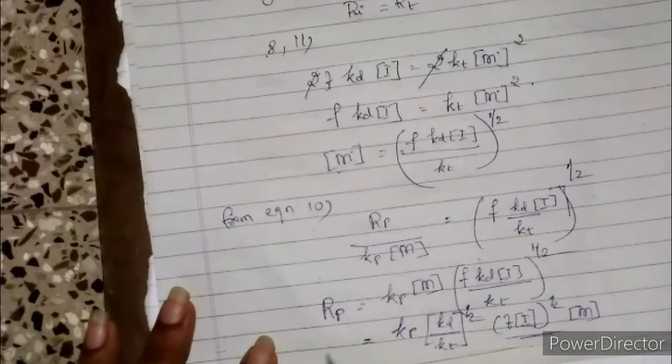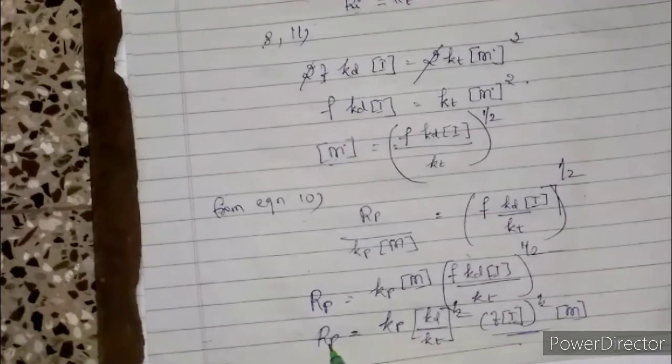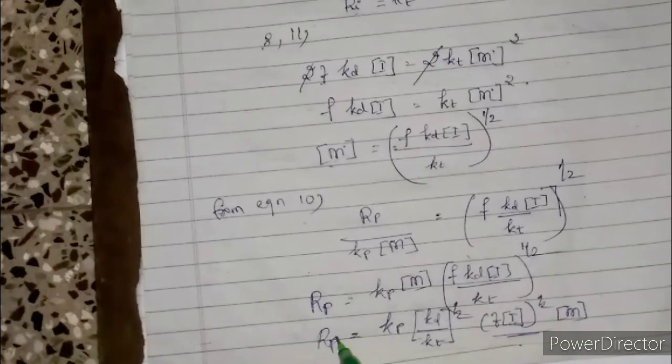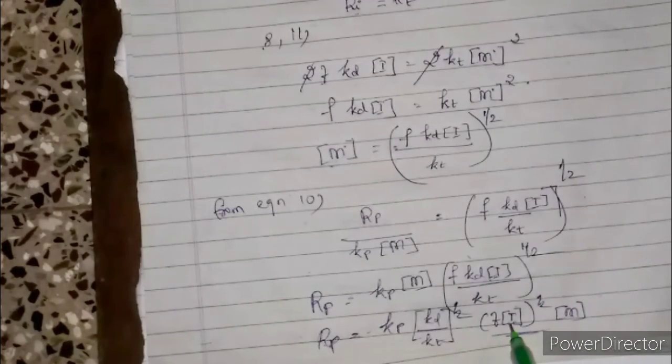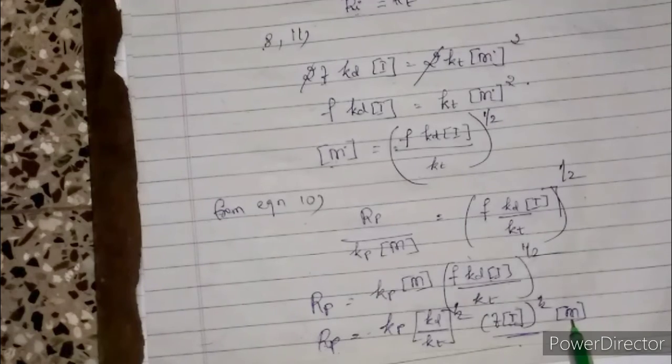Now you can see that this Rp, the rate of propagation or rate of polymer formation, is directly proportional to the concentration of the monomer, as well as directly proportional to the square root of the concentration of initiator.